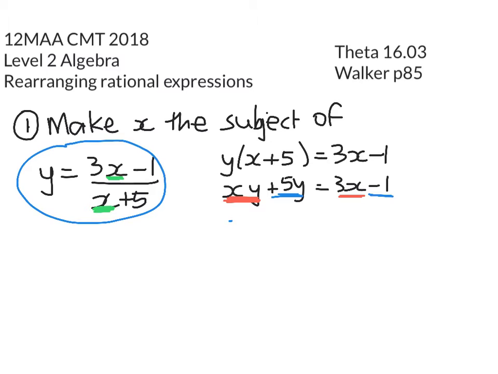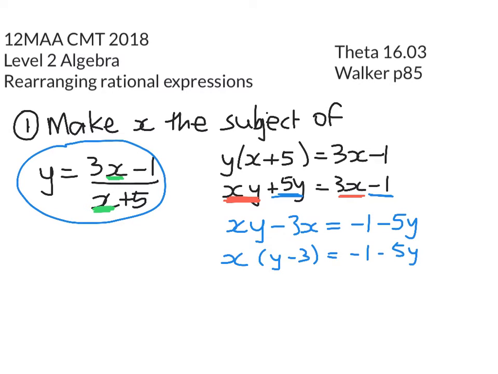So we'll have xy minus 3x equals negative 1 minus 5y. I can now factorise the x, so x times (y minus 3) equals negative 1 minus 5y, and x equals (negative 1 minus 5y) divided by (y minus 3).